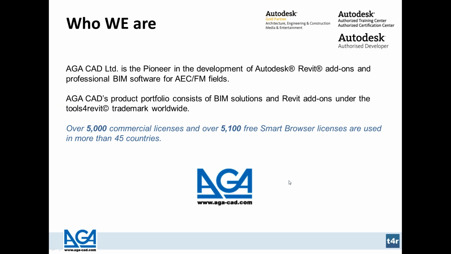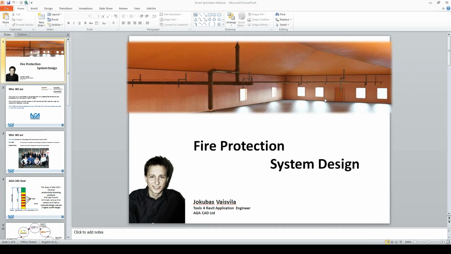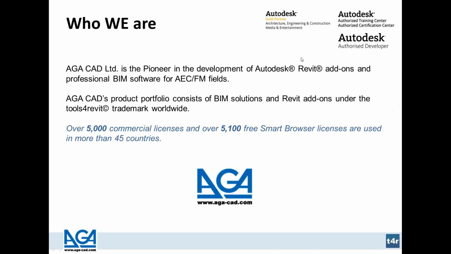Firstly, I want to introduce you shortly who we are. We are gold partners of Autodesk, and we are an authorized training center for Autodesk and authorized developers. Really, we are pioneers in the development of Autodesk Revit add-ons and professional BIM software for every field of BIM. The aga-cad product portfolio consists of BIM solutions and Revit add-ons under the Tools for Revit trademark all over the world.